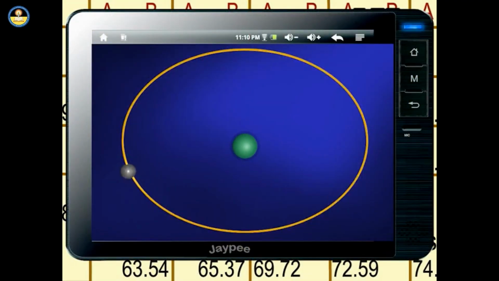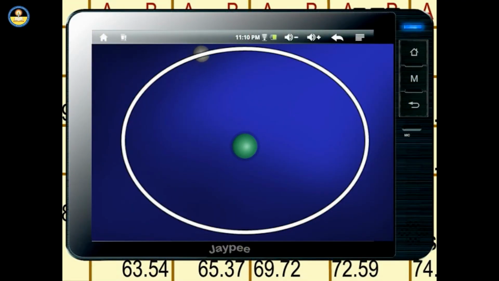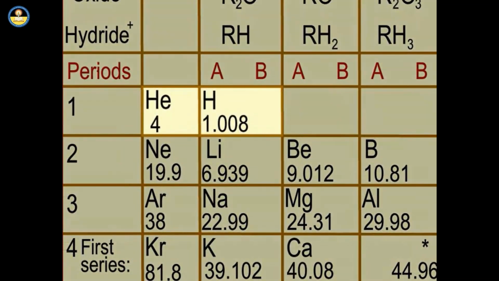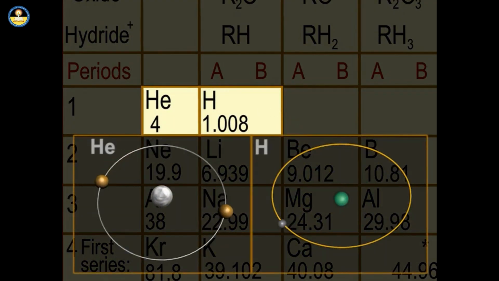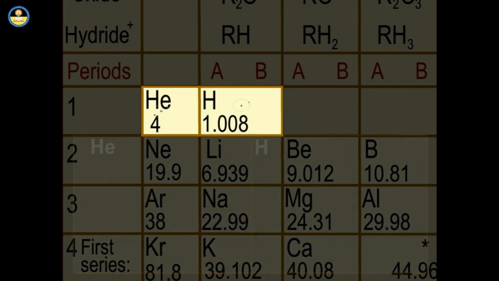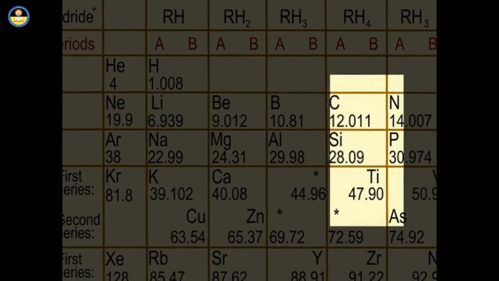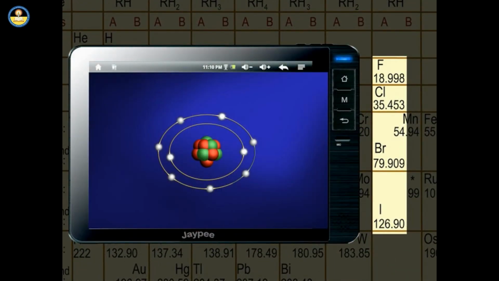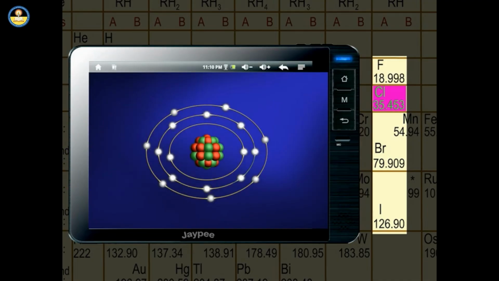Hydrogen has one electron in its only shell. In other words, it has one electron less than the nearest noble gas, helium, which has 2 electrons. Halogens, on the other hand, have 7 electrons in their respective outermost shells.